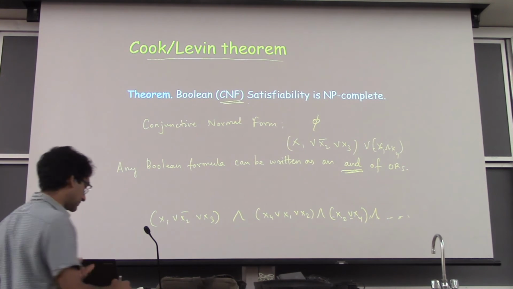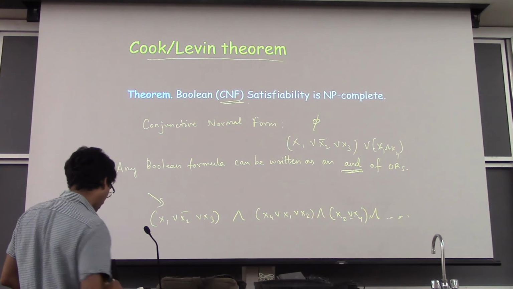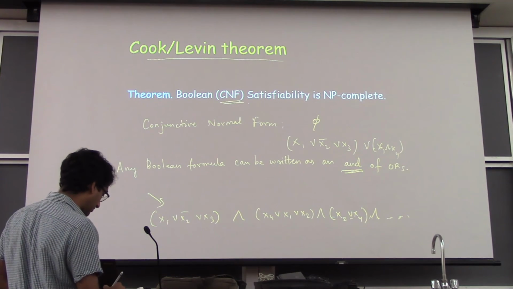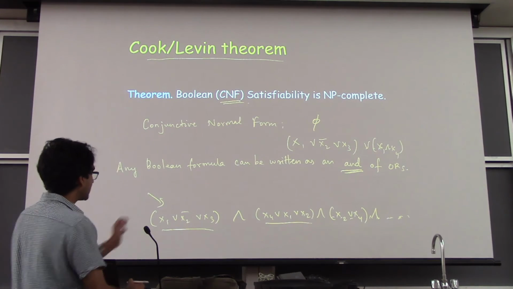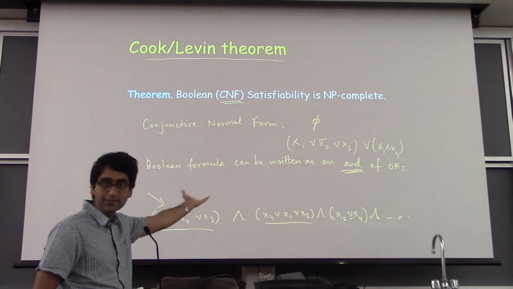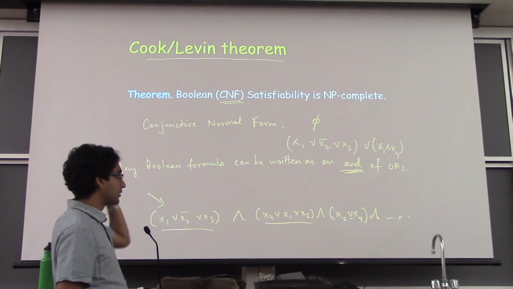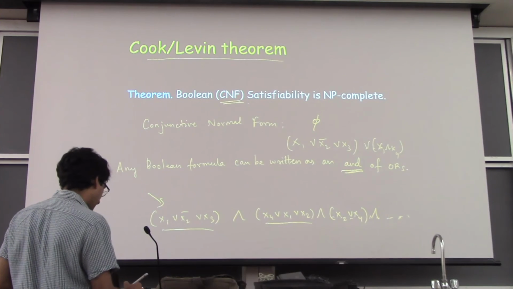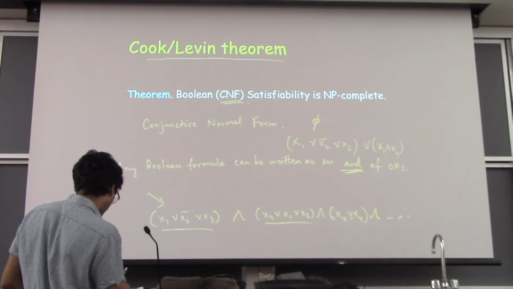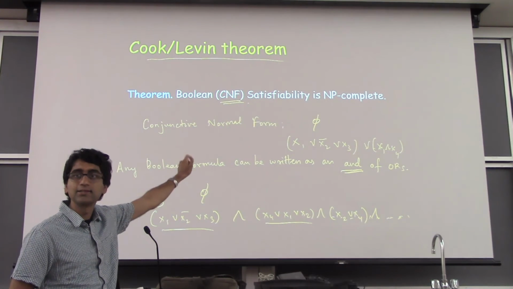So let's assume that you have a formula and it's always given in this form. You have a bunch of ORs. Right now I'm not requiring each of them to be of any specific size. Some could have 3, some could have 4, and so on, and you have the AND of them. From now on, whenever I think of a formula phi, I will always assume that it's in this form.